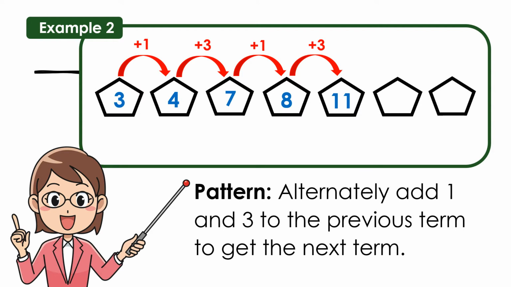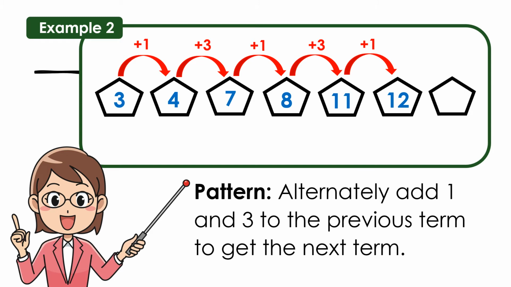Following the pattern, if we add 1 to the previous term, we get what number? The number will be 11 plus 1 is 12. So, our 6th term will be 12. Now, what will be our 7th term?